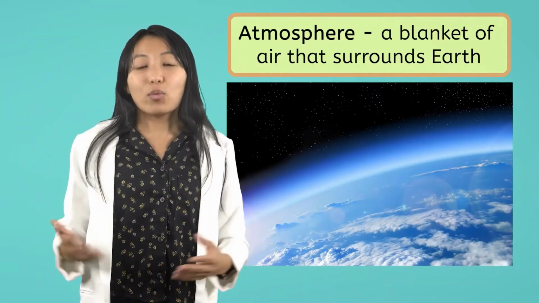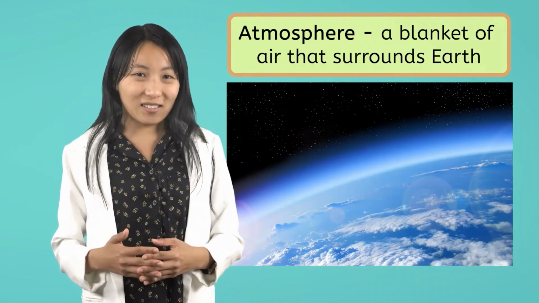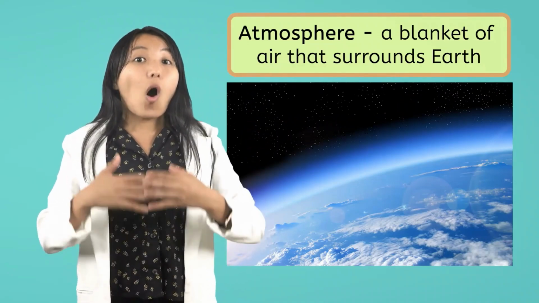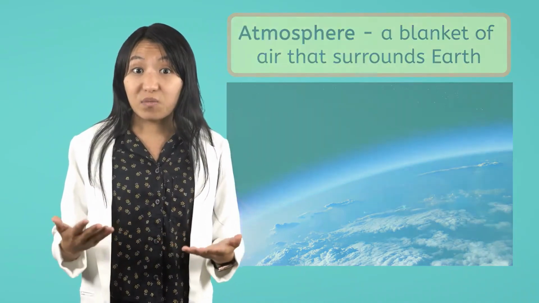Well, in order to understand why the weather changes, it is important to understand where the weather happens. Earth has something called an atmosphere, which is like a big blanket of air that covers Earth's surface. The atmosphere is where all of our weather happens. It is where we live, too.